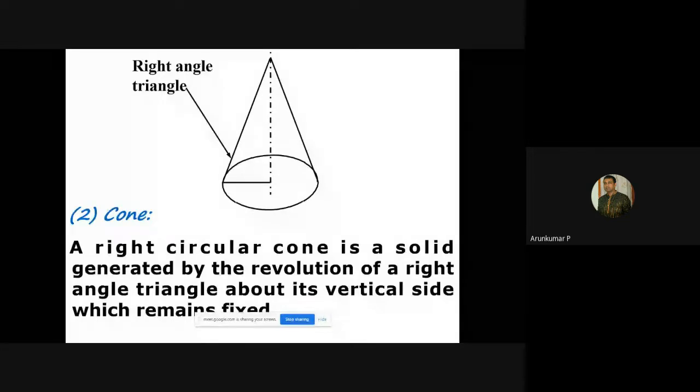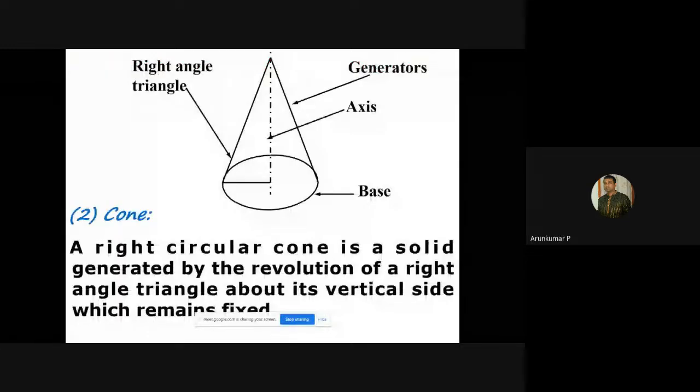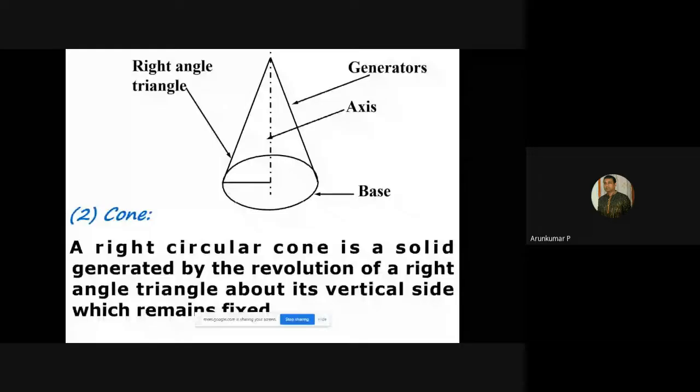So basically, what we have is prisms, pyramids, then these solids of revolution, that is cylinder and cone. Okay.